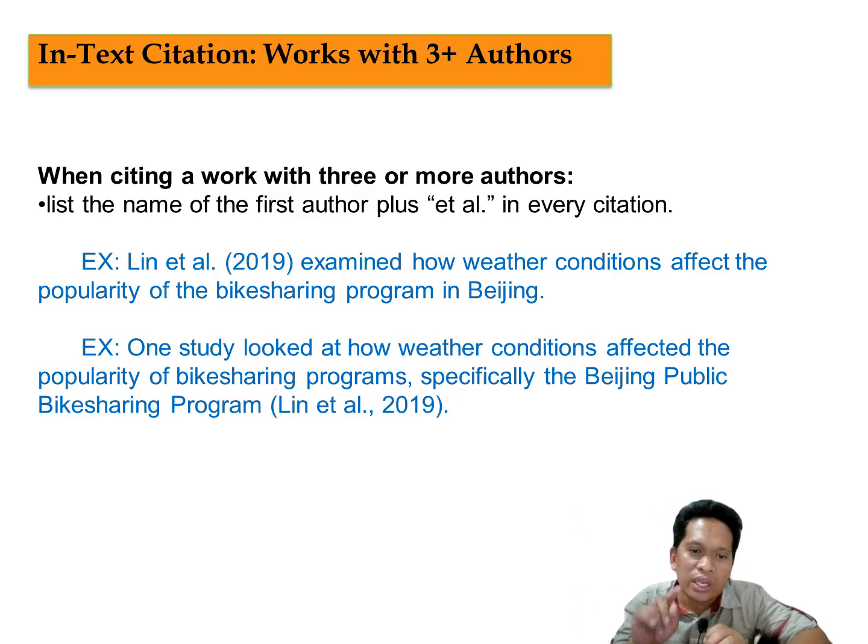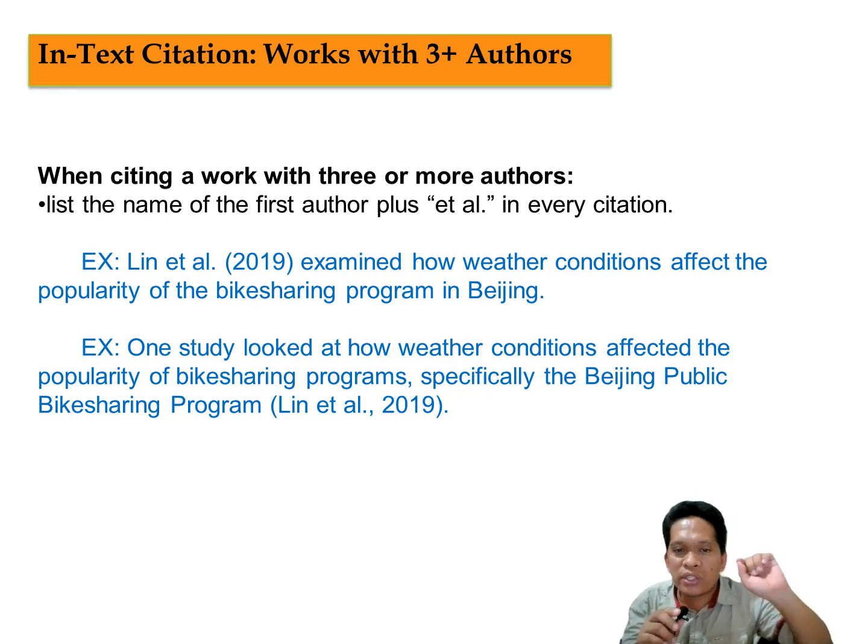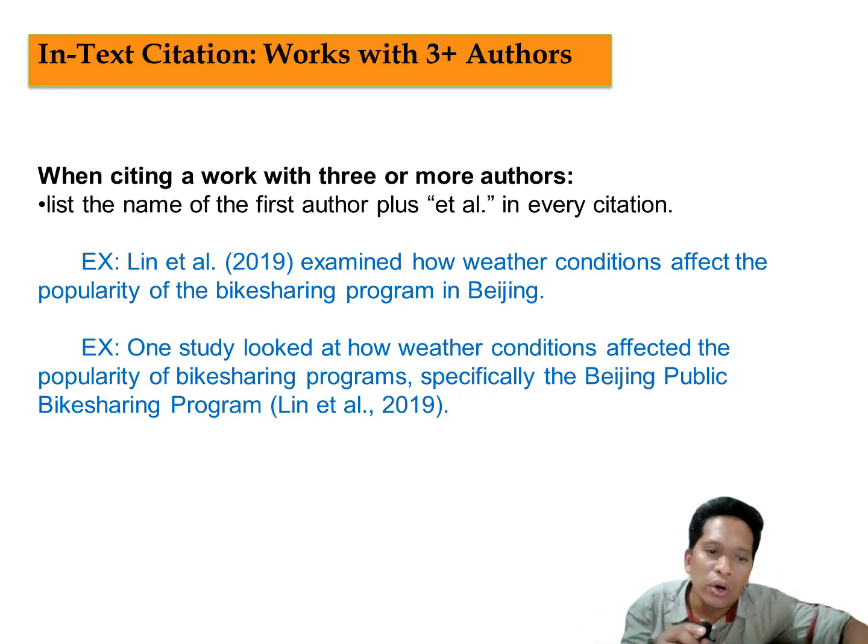Okay? E-T space A-L period. Take note of that. The surname of the first author, then space, et al. period. Or in the case of a parenthetical citation, comma, then you will have the year of publication.